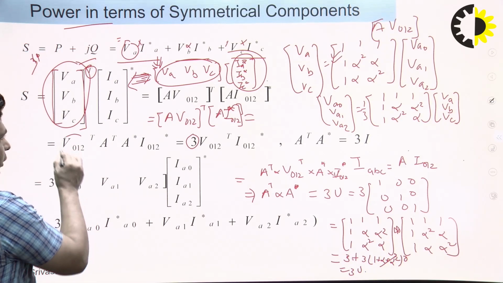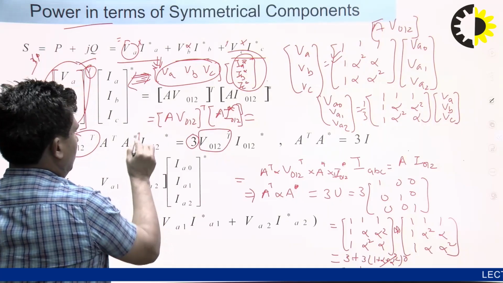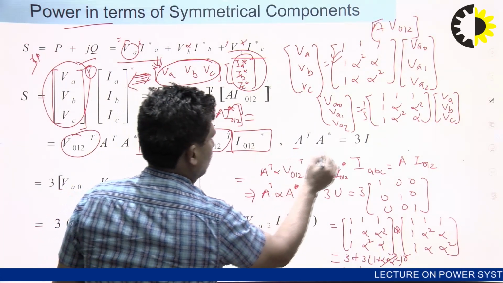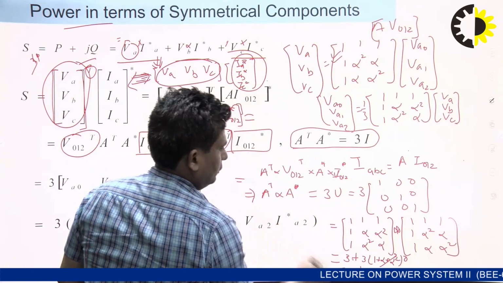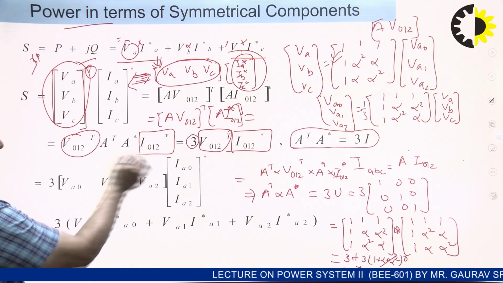And then we simply write the 012 transpose here, and then the I012 conjugate. So because of this, the equation becomes this, and then we utilize it.